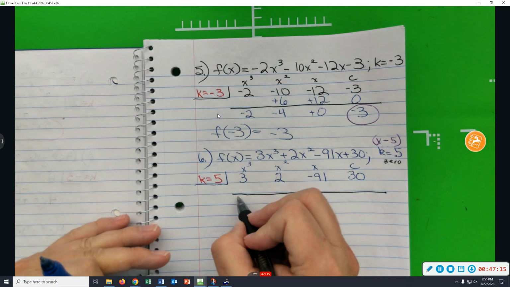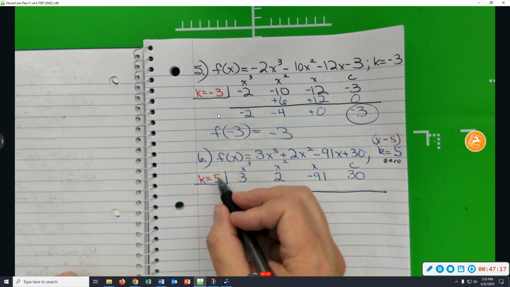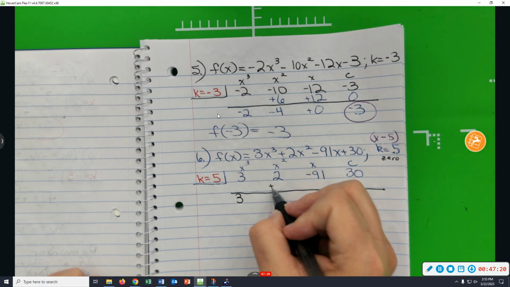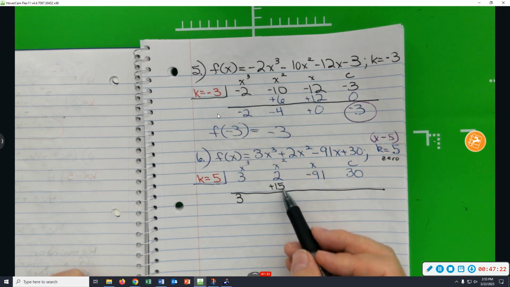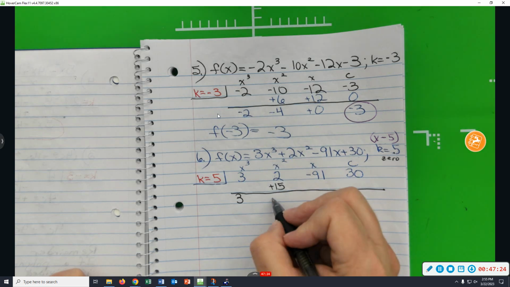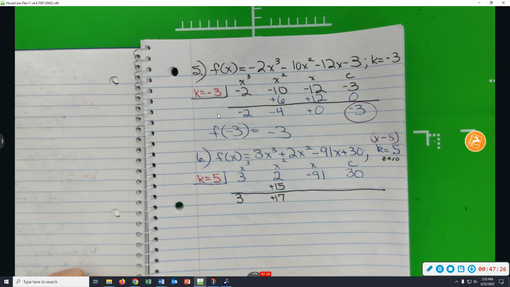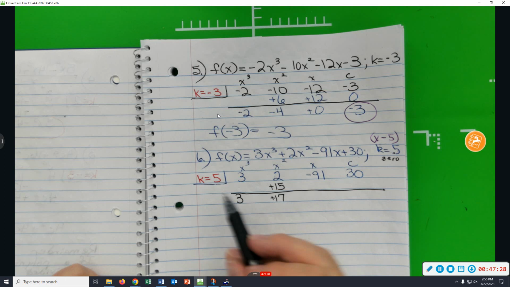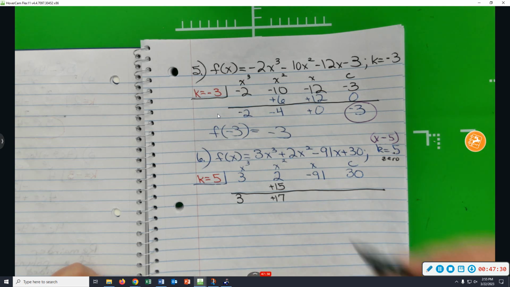Let's see. We bring down the 3. 3 times 5 is a positive 15. 2 plus 15 gives me a positive 17. 17 times 5, is that a positive 85?